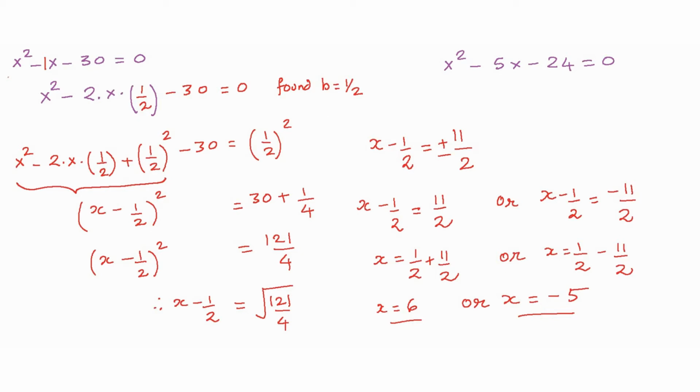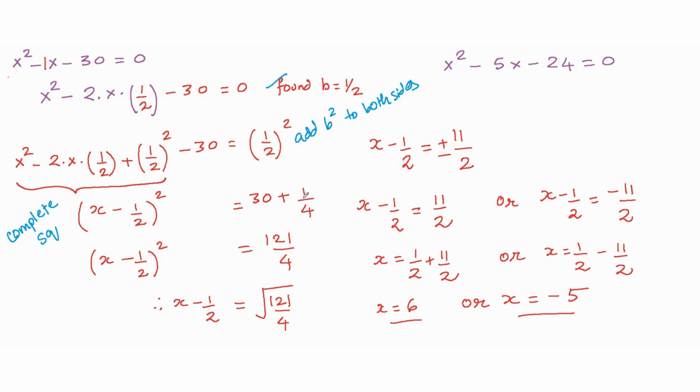Let us quickly recap what steps we had rather than what the strategy was. So I first found b in this step, and then I added b squared to both sides, right? And when I add b squared to both sides, I first wrote the complete square here. So this is the complete square, and I shifted all the other terms to the right hand side and I merged them.